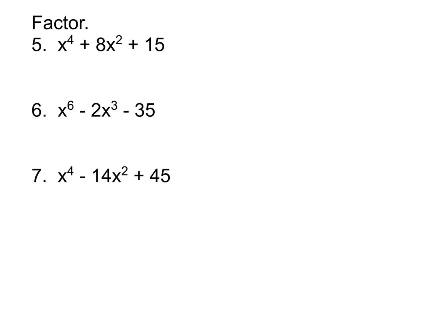And so if we go back to take a look at these problems now, number 5, the first thing to note is that we have x to the 4th and then x squared. Because the first exponent is double the second exponent, that tells us that we can treat it like we treat a quadratic. So I'm going to go ahead and start by breaking it up into 2 sets of parentheses.